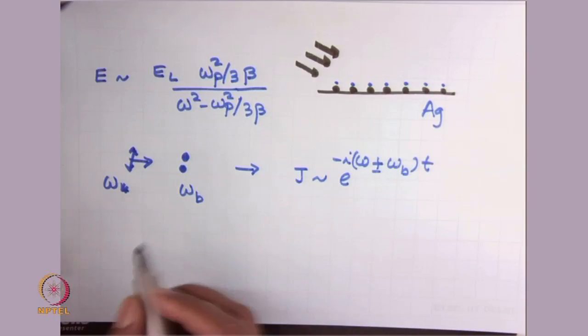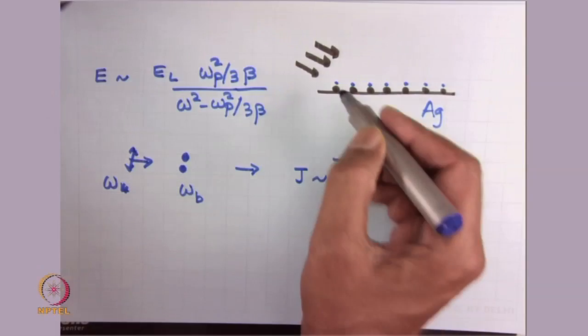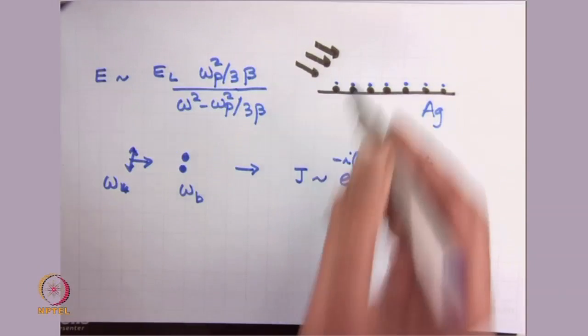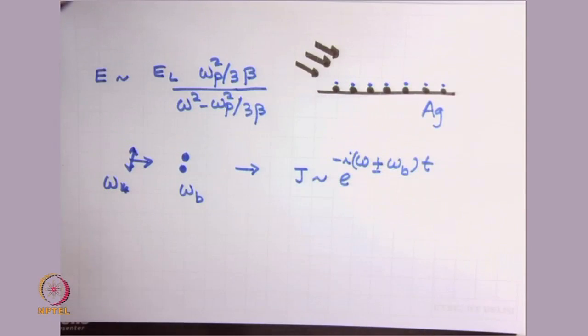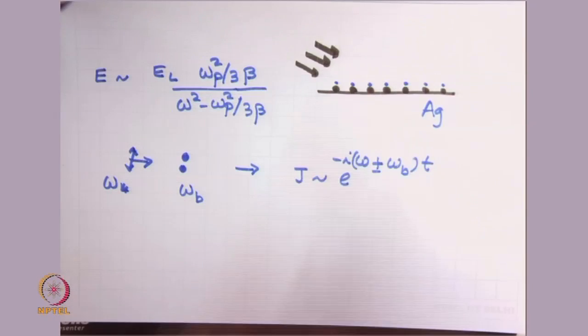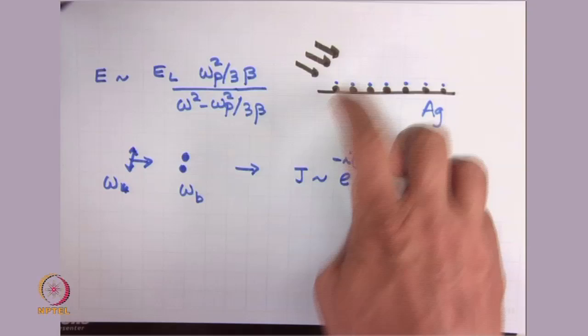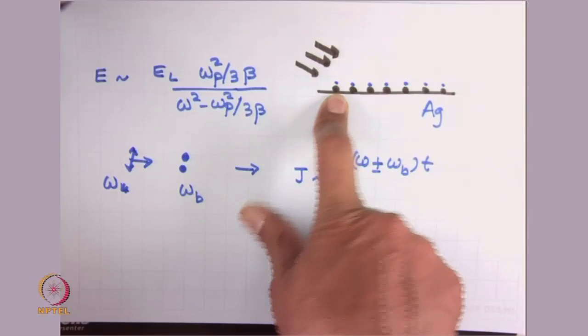Now, what is happening is that these oscillatory dipoles, the atoms or molecules adsorbed on these particles, induce a field. If they were in free space, they would induce a small electric field, but that induced field is also enhanced by the particles, because the particles are there.